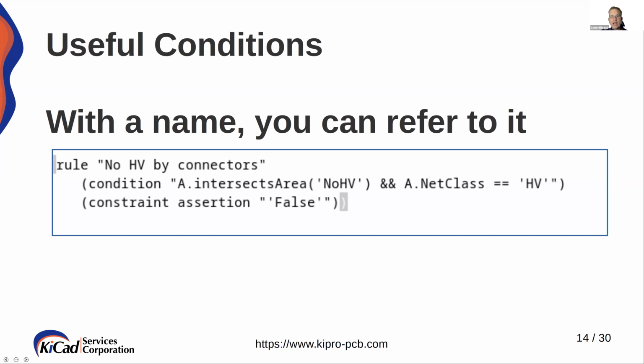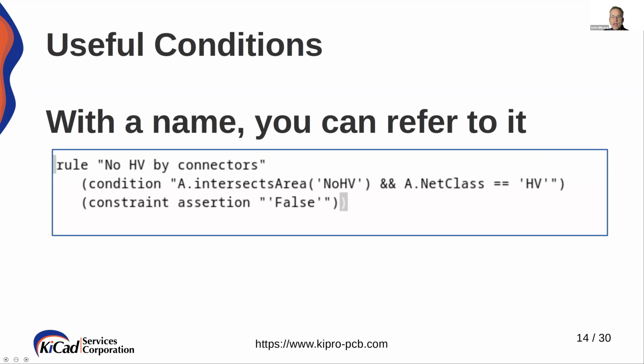This will never apply to things like text on the silkscreen layer because they don't have a net class. It will also not apply to any of the copper elements that are not assigned to the HV net class. And finally, it won't apply to anything that is fully outside of the area no HV.